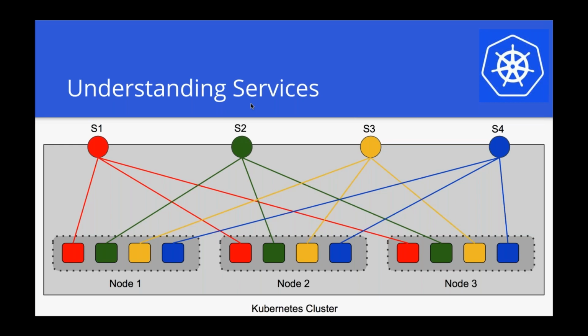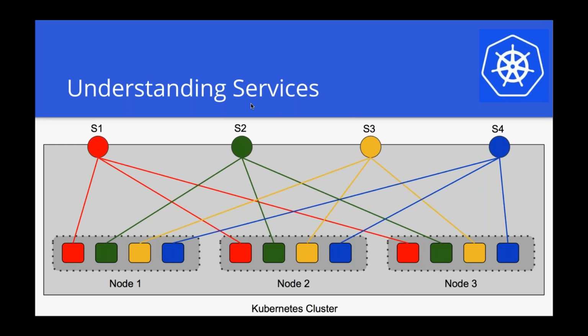In the illustration that you're seeing here, we have actually configured 4 external services called S1, S2, S3, and S4. And using the concept of labels and selectors, we have associated these services with the appropriate backend pods.